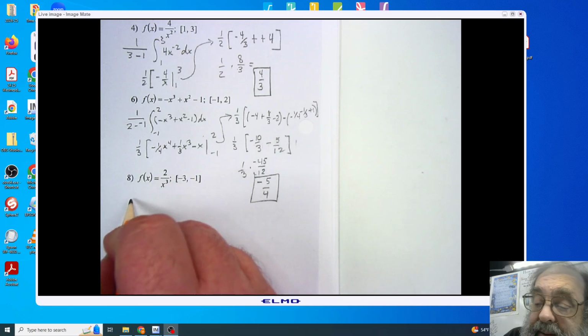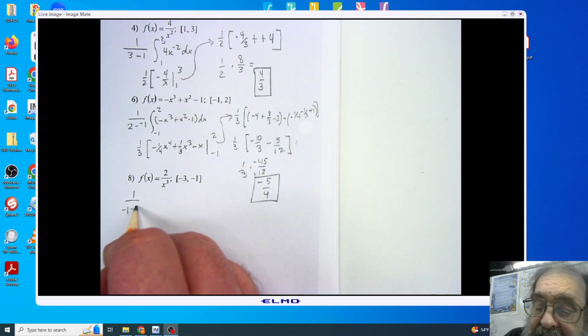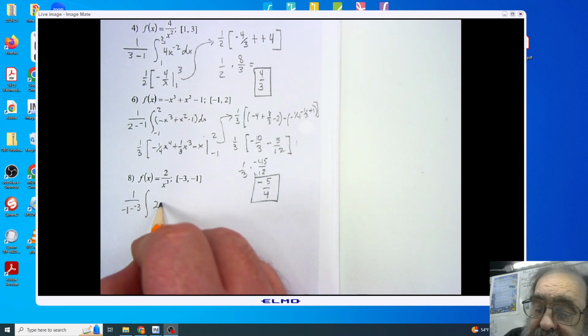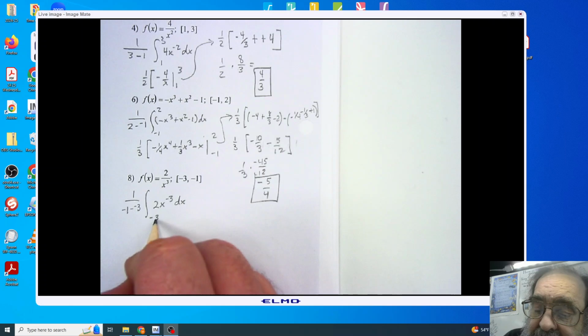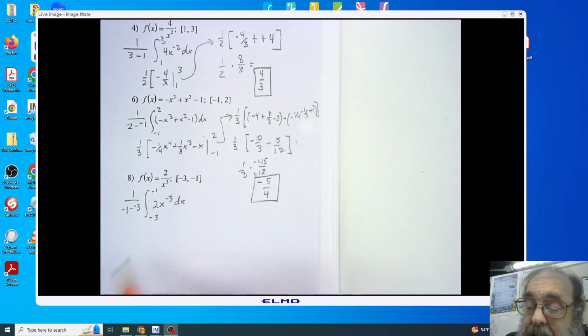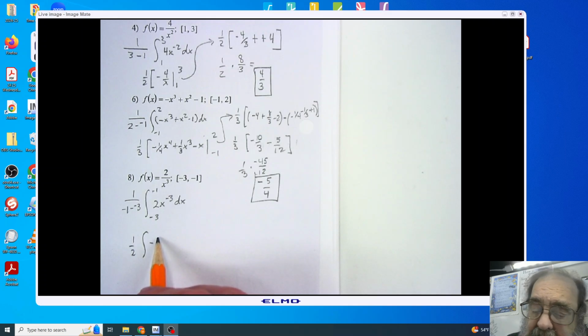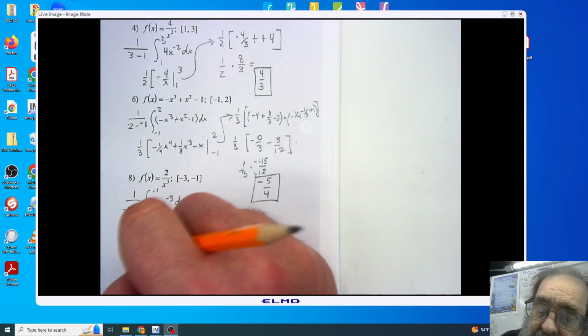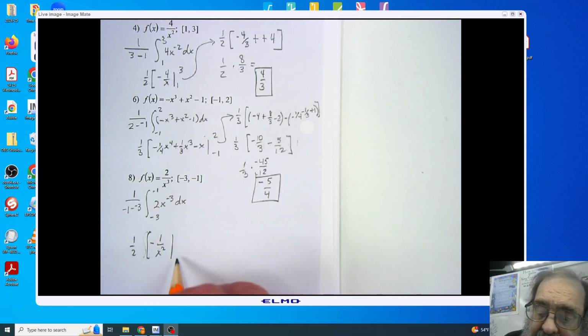We're looking at 1 over negative 1 minus negative 3 integration 2x to the minus third dx, and we're going from negative 3 to negative 1. This simplifies to 1/2 the integration, and we're looking at negative 1 over x squared, and I've already integrated, so let's make sure I use the bracket, and we're going from negative 3 to negative 1.